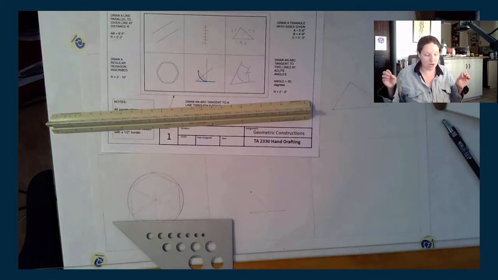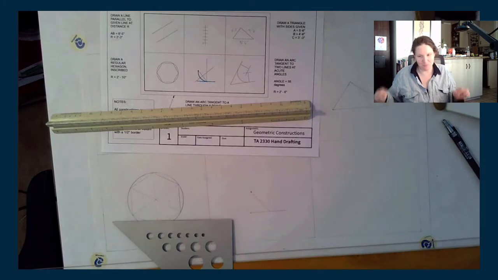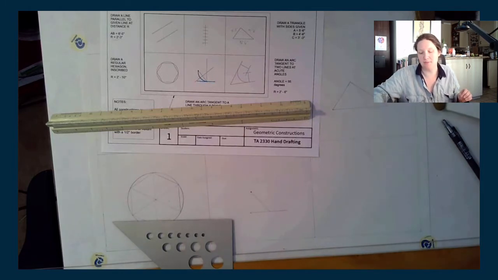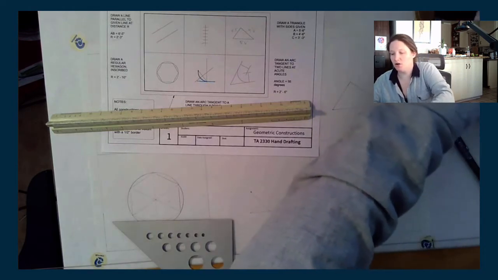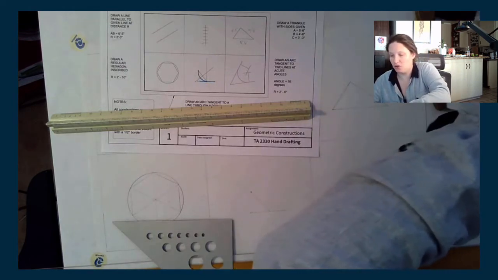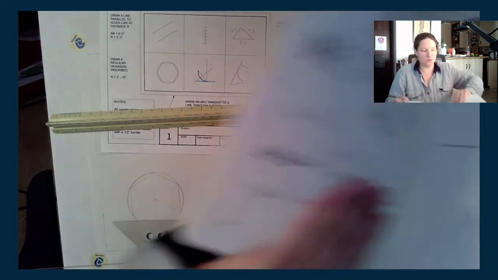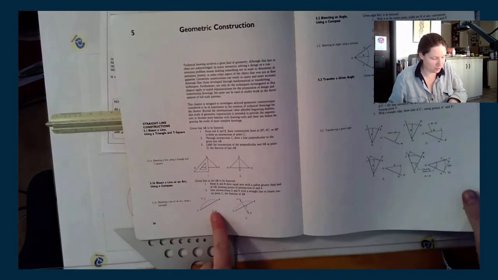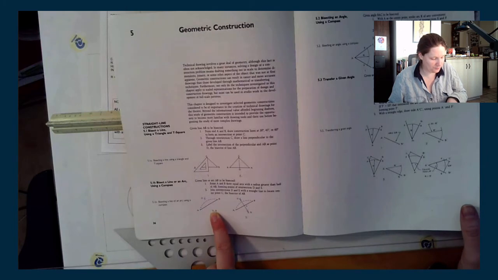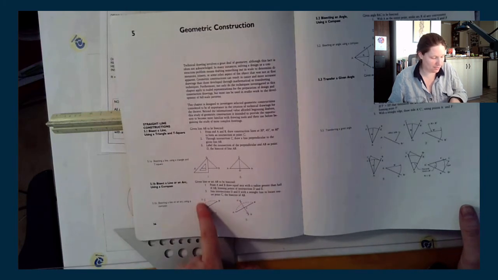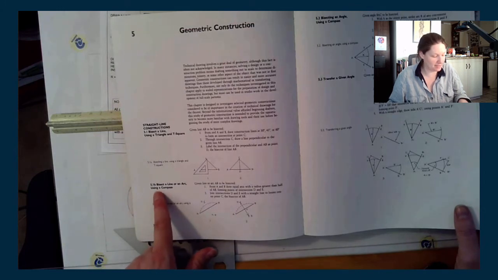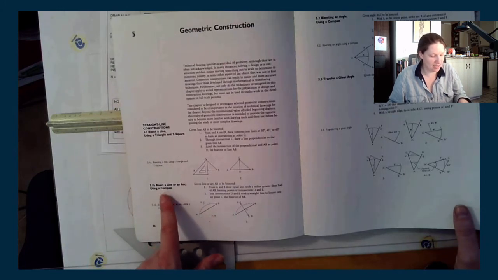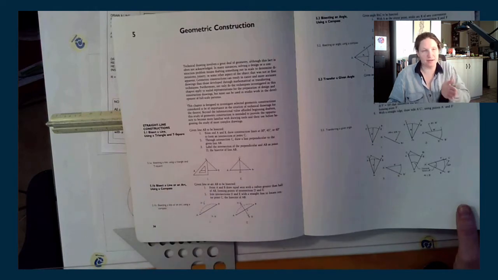So for a perpendicular bisector, we're actually looking back at an example we didn't do before. One of the initial things that was taught was how to bisect a line, right, using your compass. If you want to go back and take a look at 5.1b, bisect a line or an arc using a compass, that's how you find that spot that's dead in the center of this line.